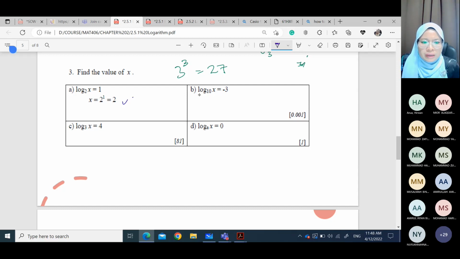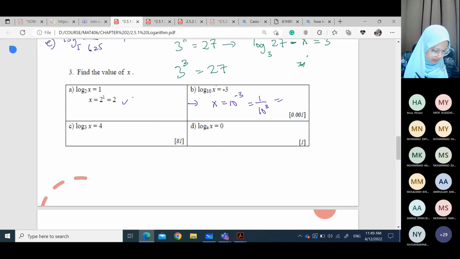Untuk yang ini, daripada log kita nak dapatkan x, kita kena convert kepada index. Base dia adalah 10 to the power of negative 3, ataupun 1 over 10 to the power of 3. Ini semua benda yang sama. Tadi kita dah belajar index yang melibatkan negatif, dia adalah denominator. So nilai x kat situ apa? 10 to the power of negative 3.